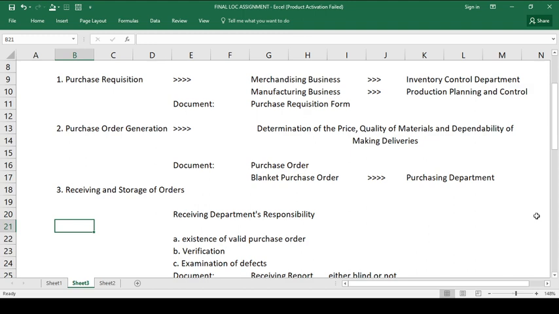Because if it is not examined, for example, raw materials used for the production of a computer, if the wirings or electronic materials needed in the production of that particular computer are defective, what will happen during the production stage of the particular inventory is that there will be many losses.